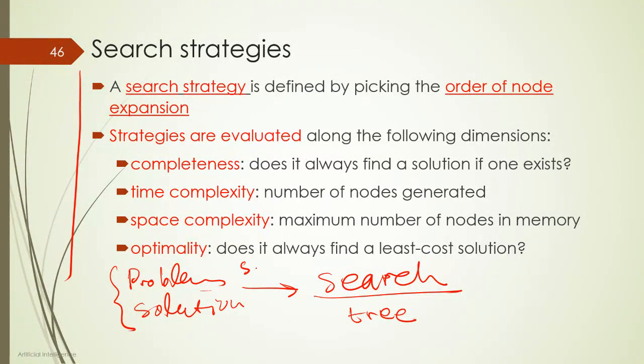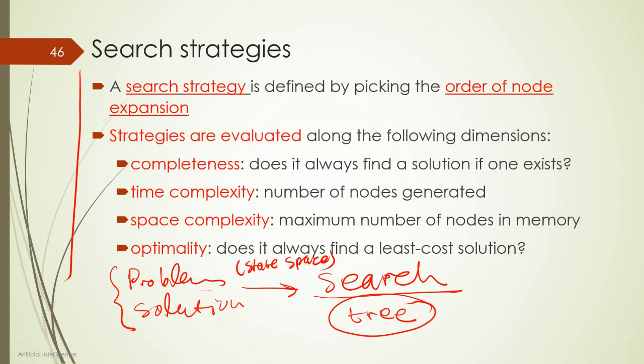In the state space of the problem, we have to search for solutions, and doing search, we have to build up a search tree. To do this search on the tree, there are options. As I said, it can be uninformed or informed search.